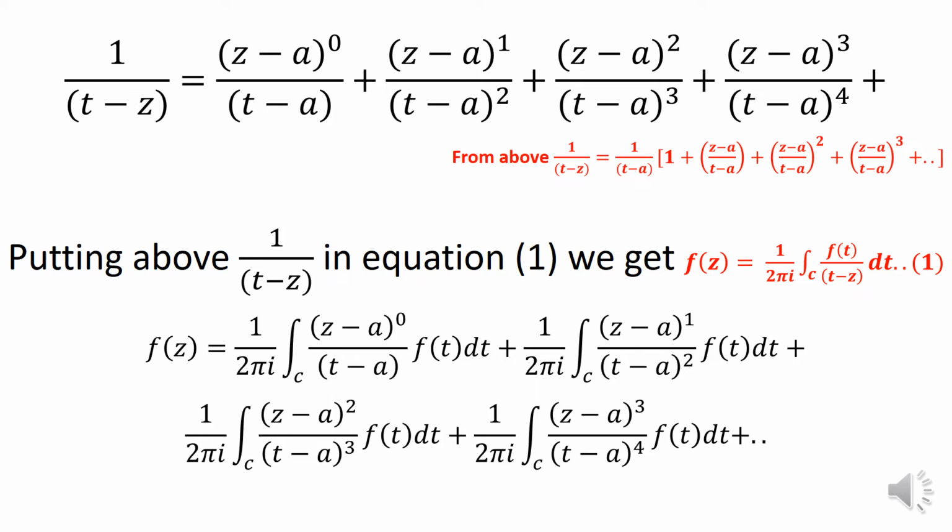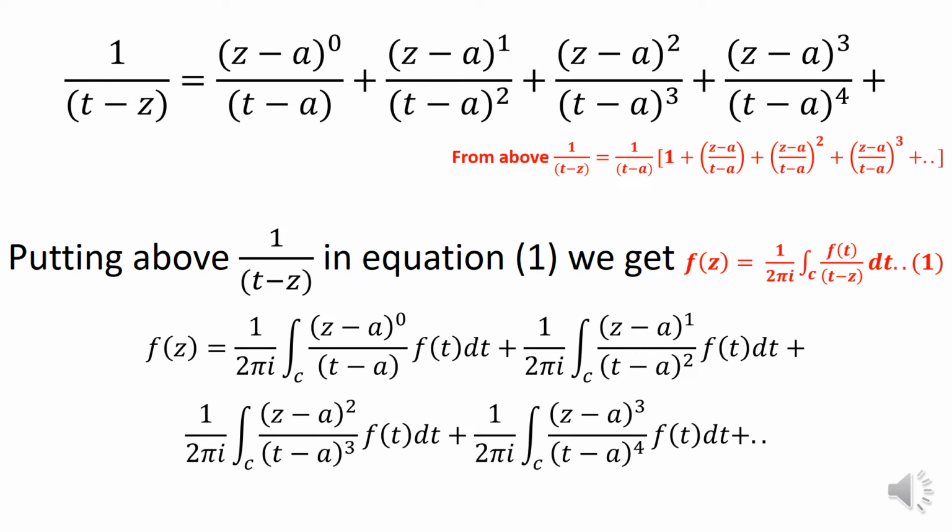Simply (z minus a) as such is power 1, and because (t minus a) is here also, you can take it inside, so it will be (t minus a) to the power 2 for the square. Similarly, for the cube, if you take this (t minus a) inside, it will be (t minus a) to the power 4. What I want to say?